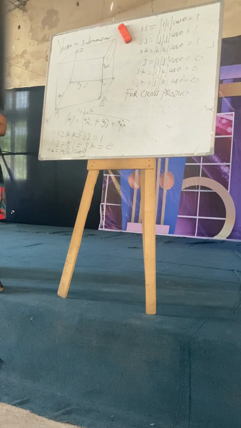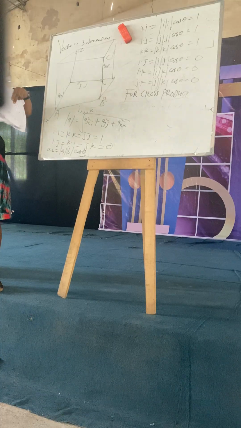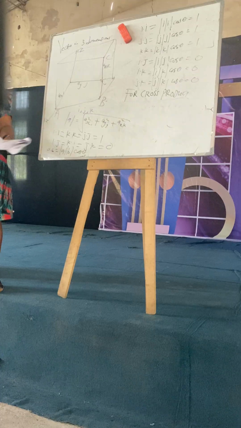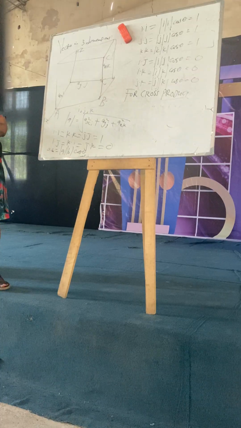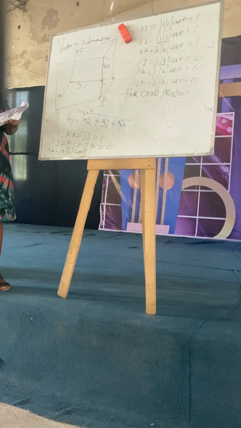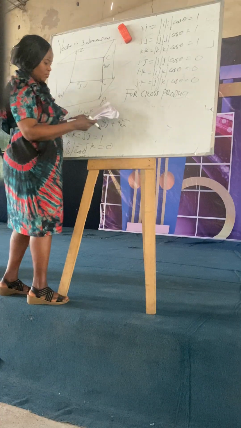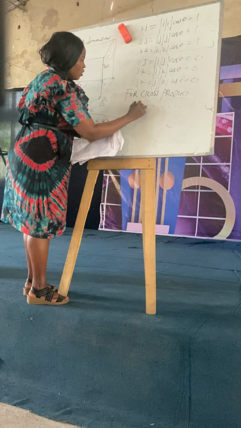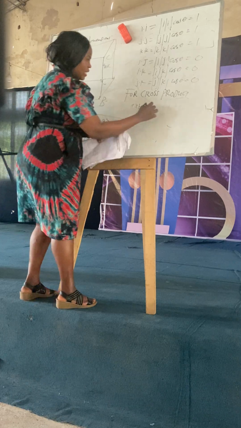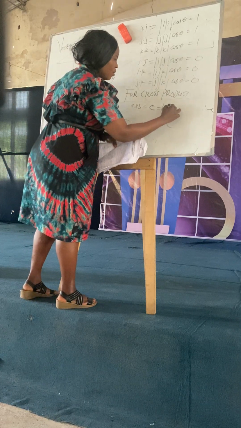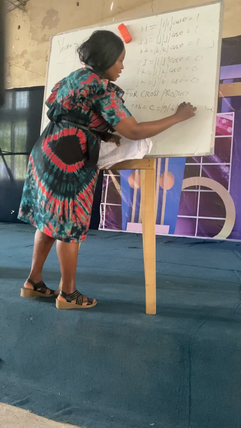If it is equal to 1, they are perpendicular to each other. So A cross B, which is equal to C, gives us modulus of A, modulus of B, sine theta.